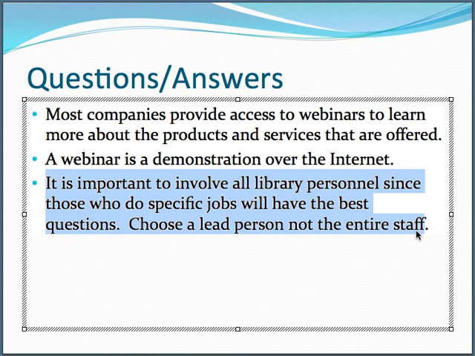In other words, if you have some librarians working in, let's say, cataloging, it would be a very good idea to have that person present to ask the right questions about cataloging, importing cataloging, or being able to import from the old legacy system to the new system that the vendor is offering you. This is very important. The same thing for patrons, the same thing for circulation, etc.